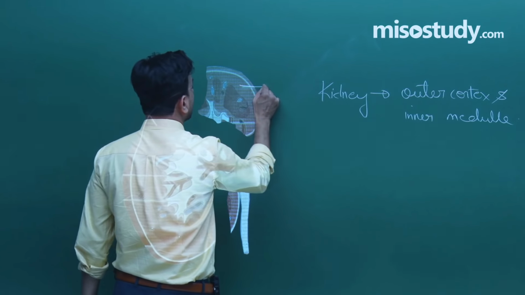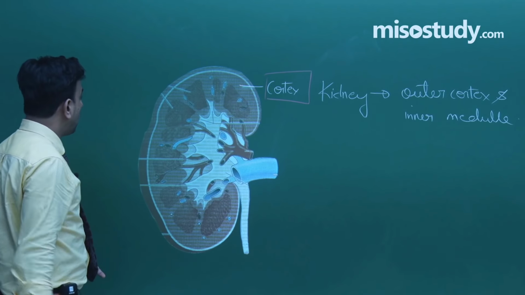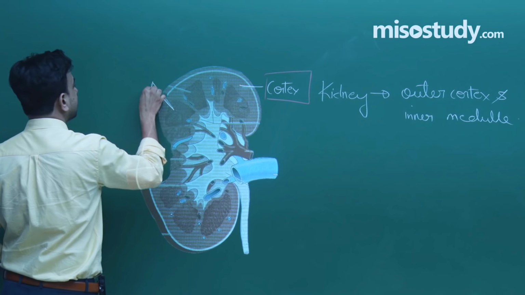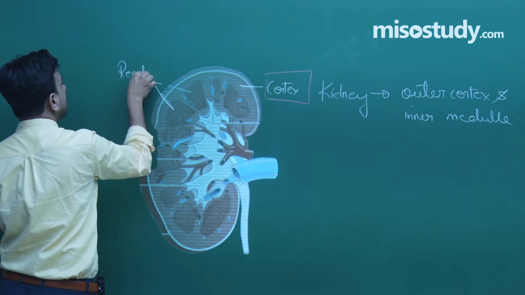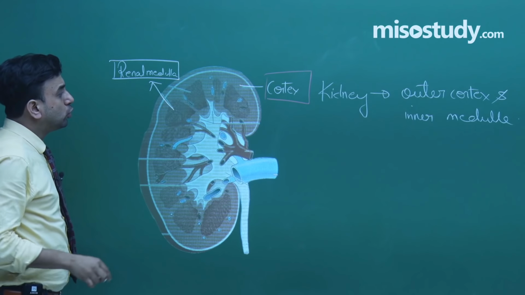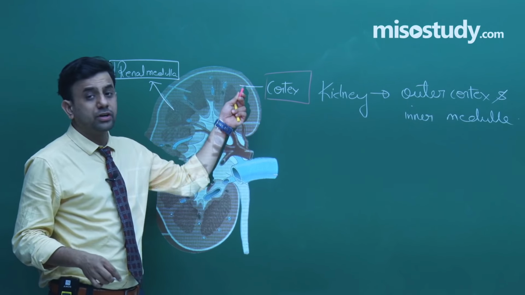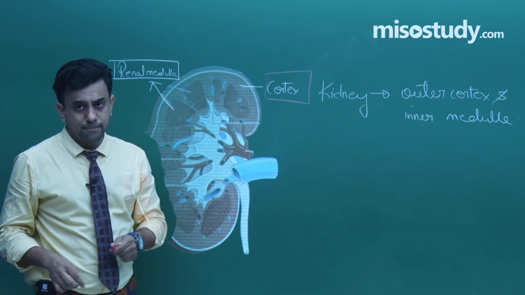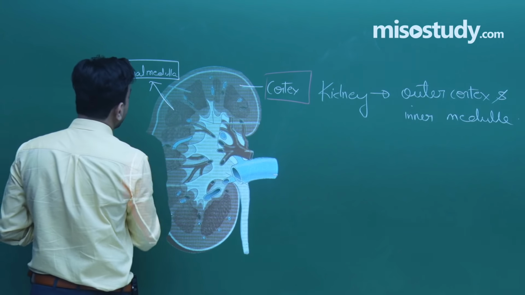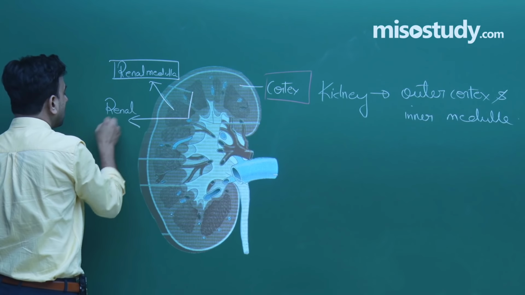So, this is the outer cortex. Where is the medulla? Here is the medulla, the renal medulla, the inner portion. As I told you, the kidney is divided into the outer renal cortex and the inner renal medulla. Now, in the medullary portion, we see something called the renal pyramids.